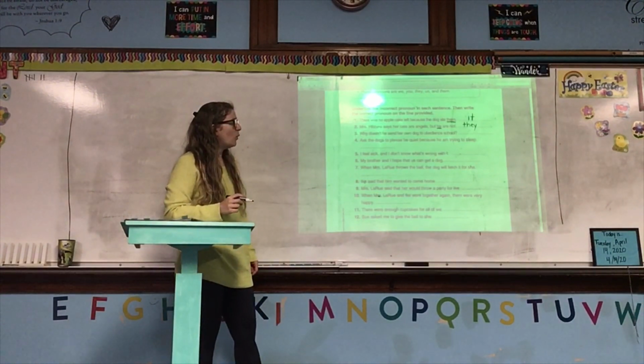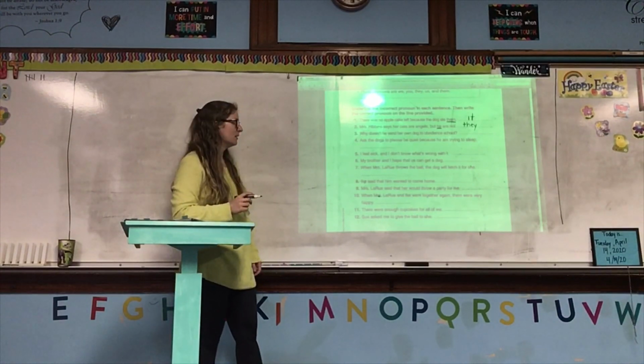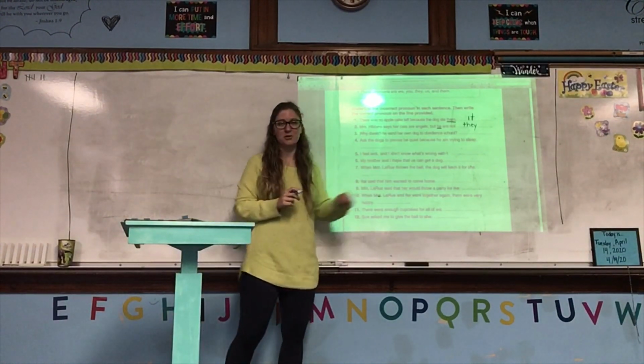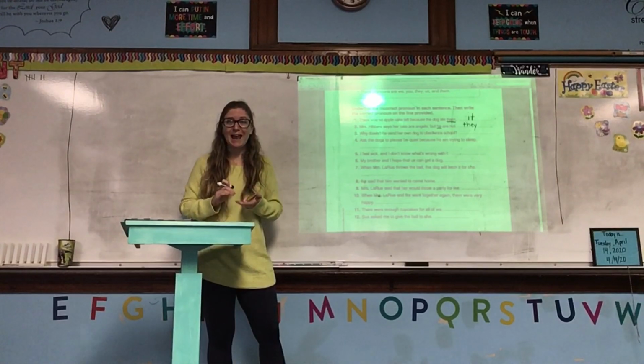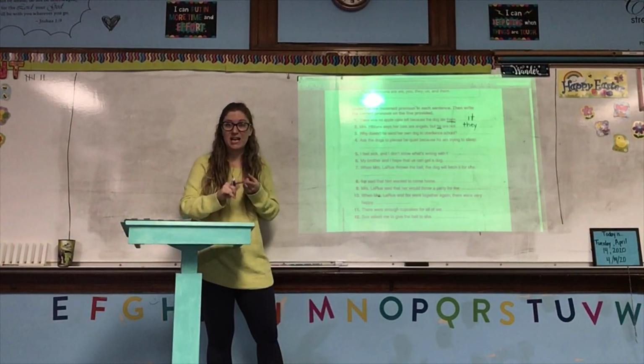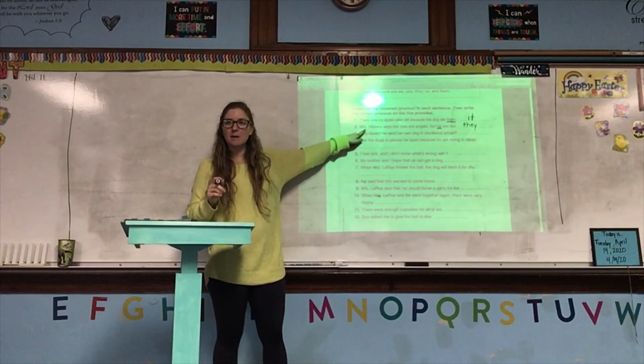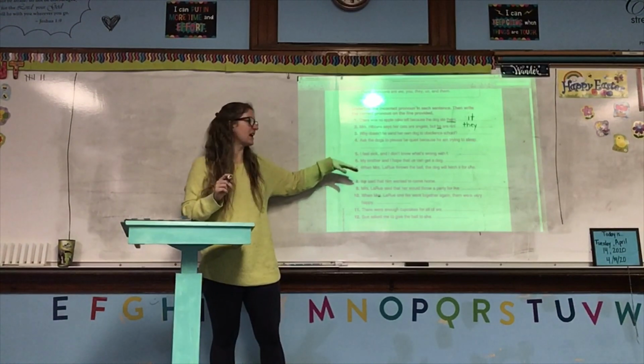Number three, why doesn't he send her own dog to obedience school? Well, we know he and her can't go together because he refers to a boy and her refers to a girl. So we can't talk about one person as both he and her. So we have to pick one. We're probably talking about Mrs. Hibbins because usually these sentences kind of go together.